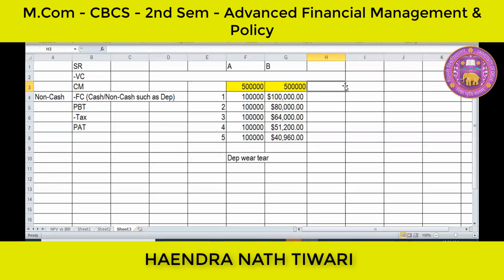So what is depreciation? Depreciation is systematic allocation of cost of fixed assets over its useful life. So please remember, it is allocation.